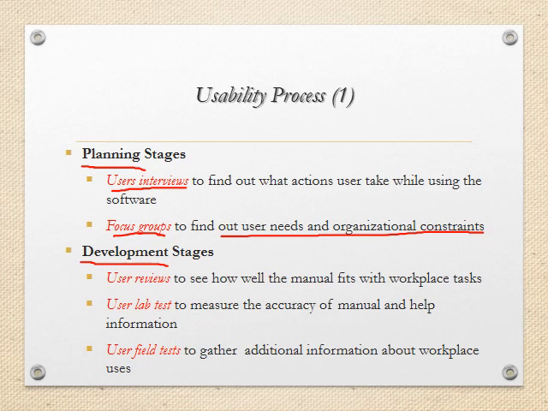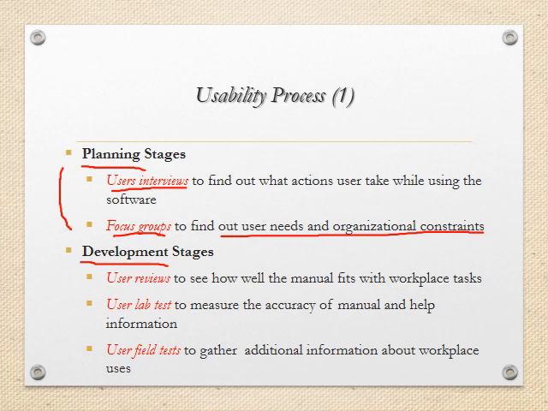So basically, the main focus of this phase, the planning stage, is to analyze the user and the organization in order to know what kind of tasks need to be included in our document and what kind of constraints apply to these tasks or to the document itself.